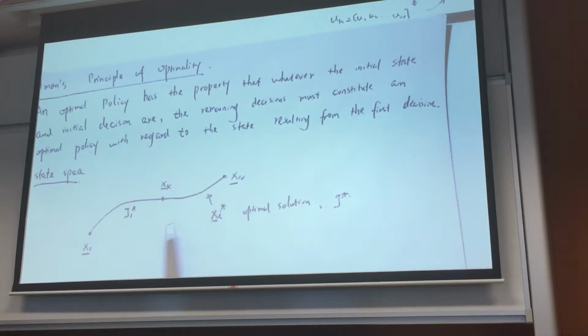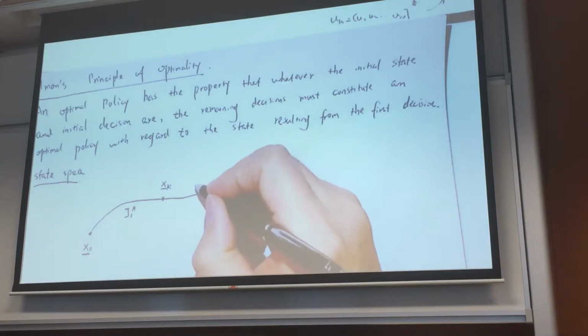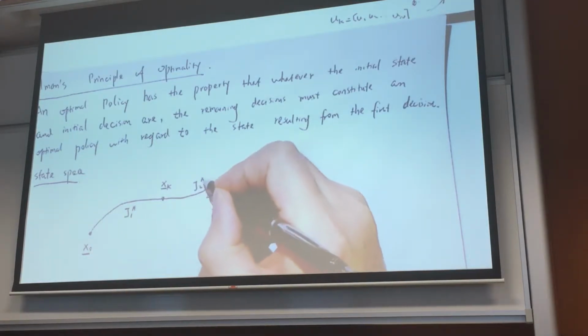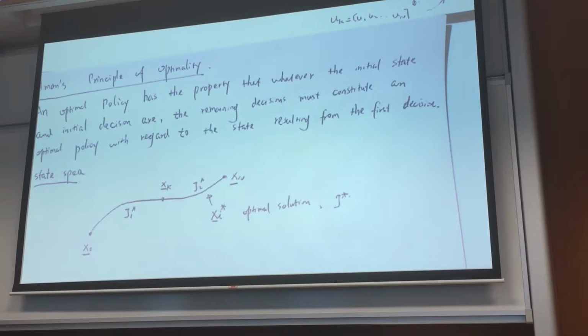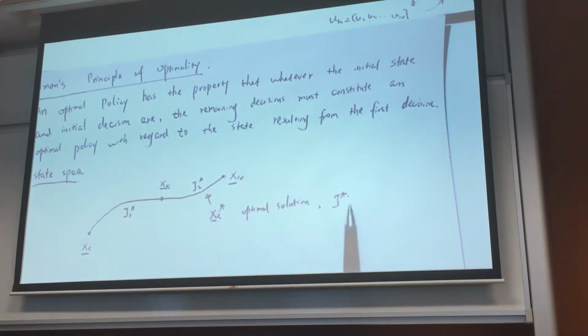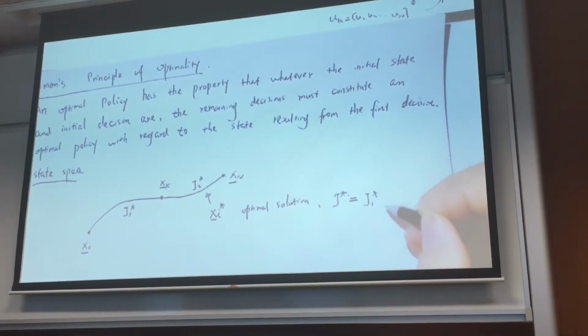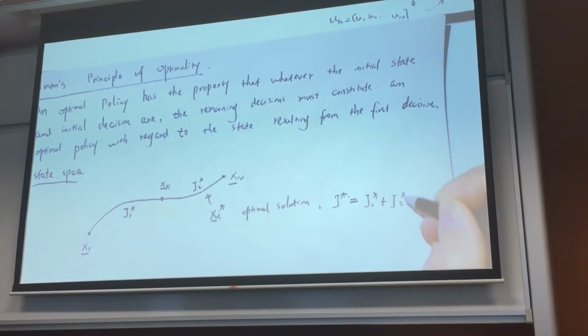Then the second segment from xk to xn, assume this part to be V2 star. Obviously we have V star equal to V1 star plus V2 star, because we just divide the optimal trajectory into two segments.